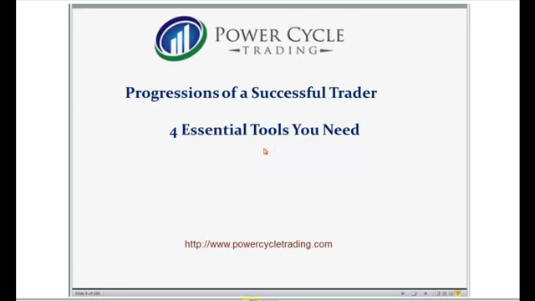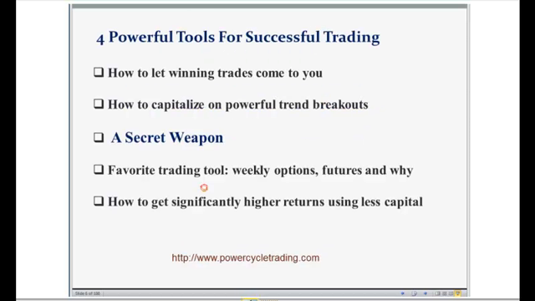What I'm going to go through today are the progressions of a successful trader, and 4 essential tools that you need, and I'm also going to go through a secret trading tool that we've developed that is available if you guys are interested in it. First off, we're going to cover how to let winning trades come to you, how to capitalize on powerful trend breakouts, and a secret weapon that we've developed and use that really helps our trading.